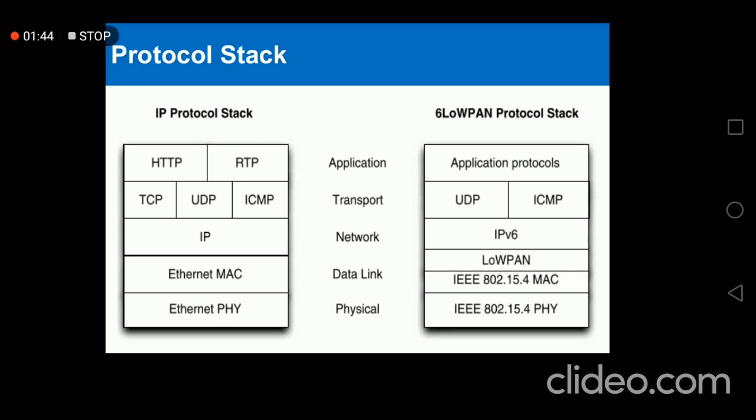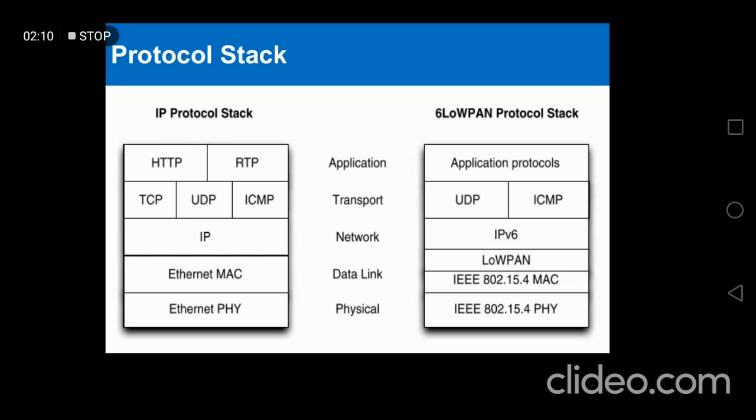Data link layer uses IEEE 802.15.4 MAC. The task of this layer is to detect or correct errors which may occur during transmission of data bits. Then the network layer uses 6LoWPAN over IPv6, which is used for routing and it provides different IPv6 addresses to different nodes.